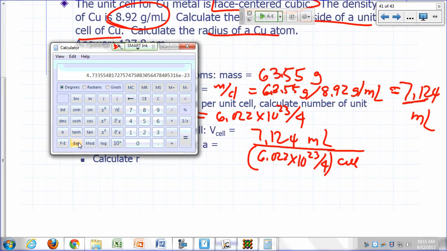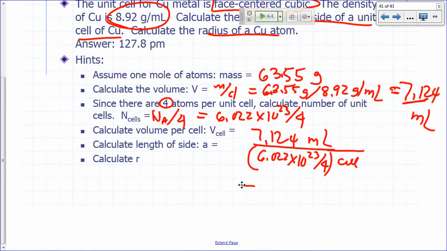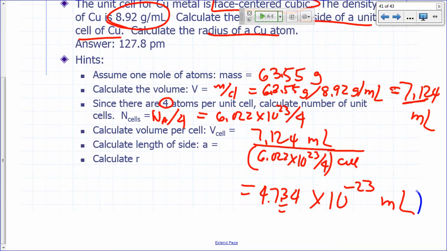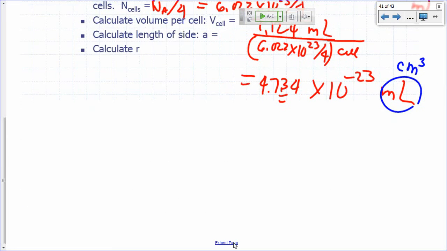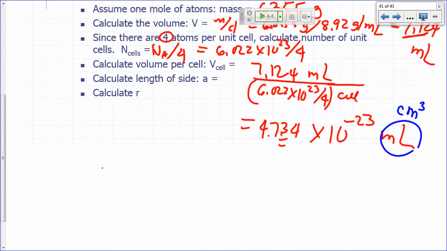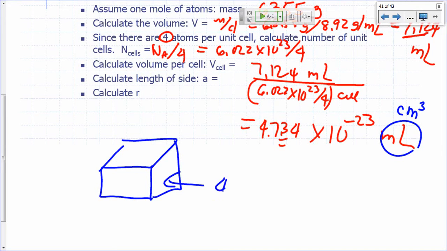So 4.734, 3 sig figs, times 10 to the negative 23rd milliliter. What's a milliliter? That's a cubic centimeter, right? So if that is the volume of your unit cell, that's 4.734 times 10 to the negative 23rd cubic centimeter.